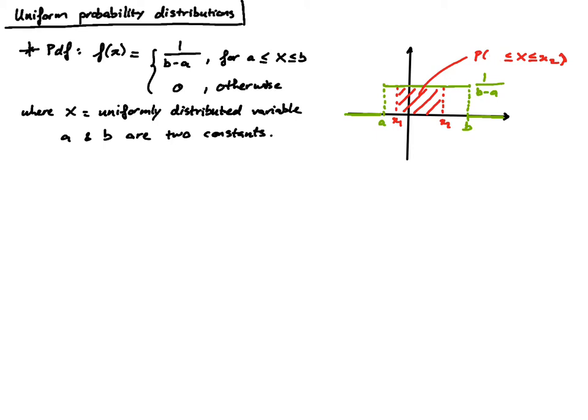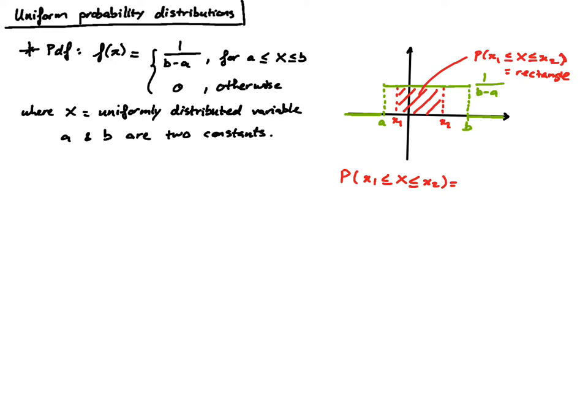And note that this is actually a rectangle. Right? So to find the probability that x falls between x1 and x2, we just need to find the area of that shaded rectangle. Okay. So the probability that x1 is less than or equal to x, less than or equal to x2 is going to be equal to, how do we find the area of a rectangle?